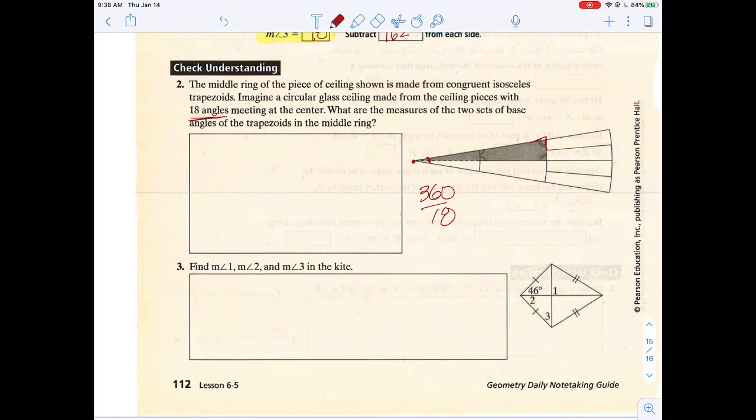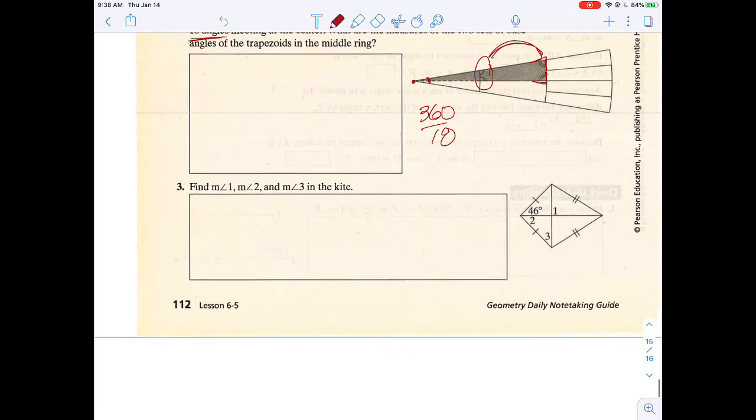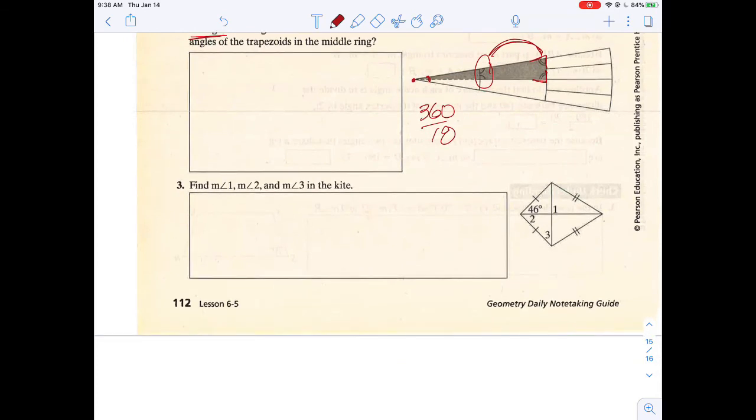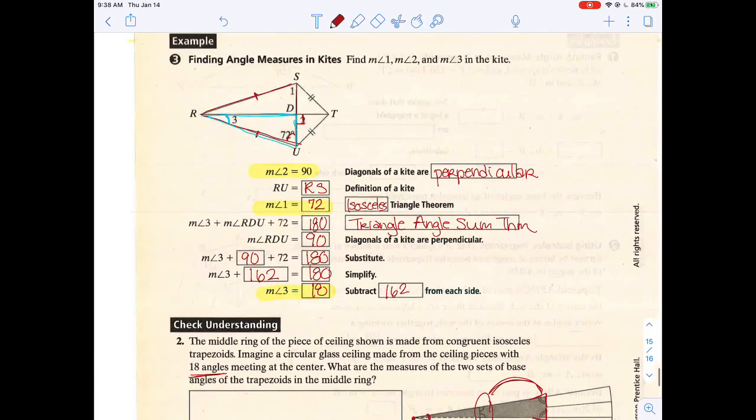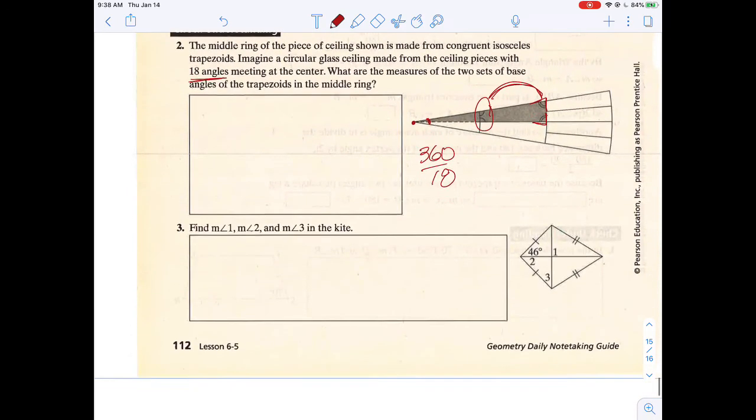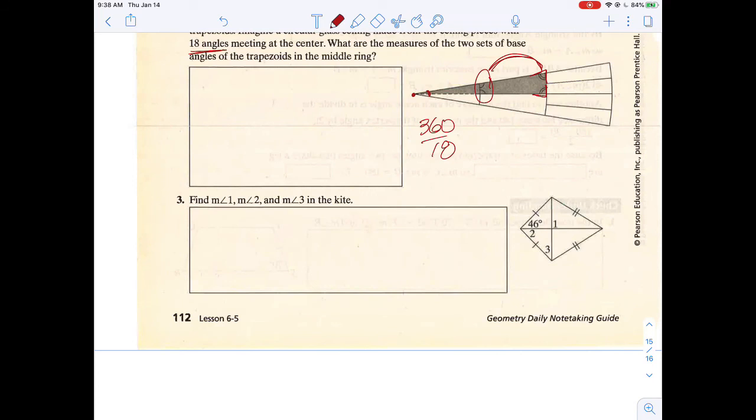Then you can find out what these two angles are because it's an isosceles triangle. And then you can figure out the other two because they're supplementary with the bottom angle. Number 3 says to find the measures of angles 1, 2, and 3 in the kite. So that is going to be very similar to example 3 up here. Use what you know about kites to find out each of the angles.